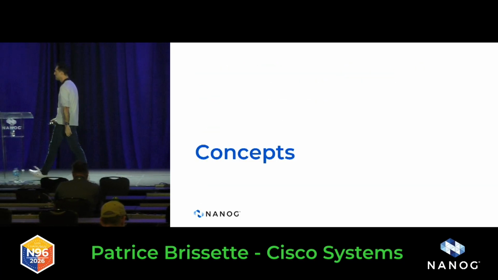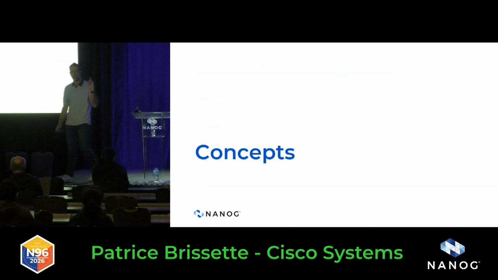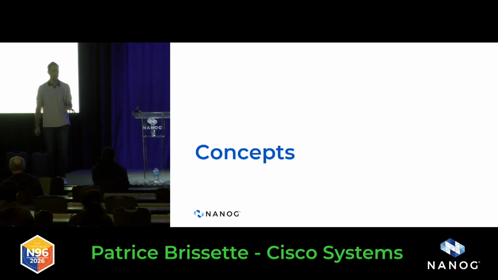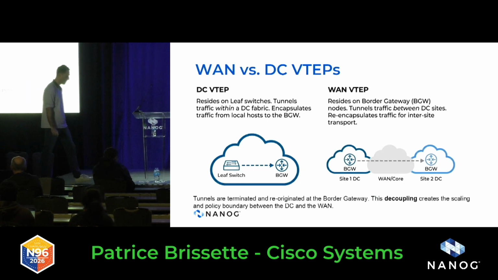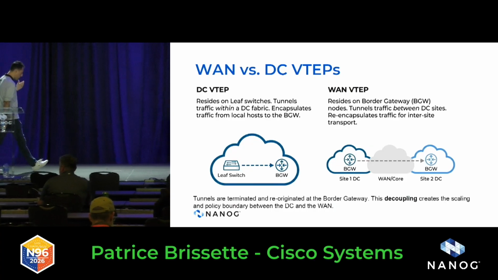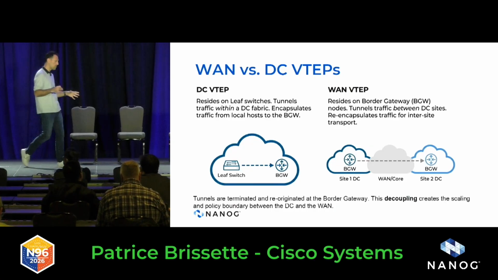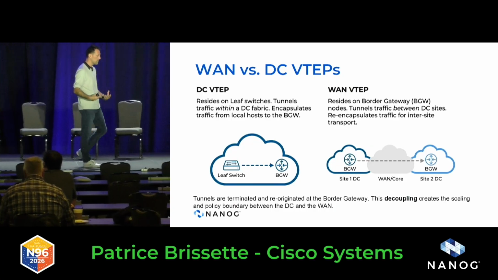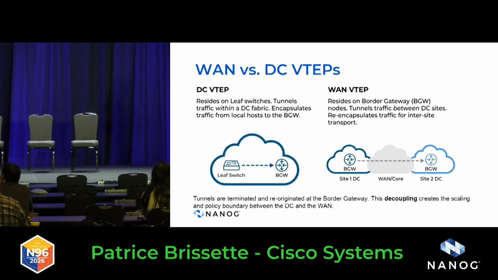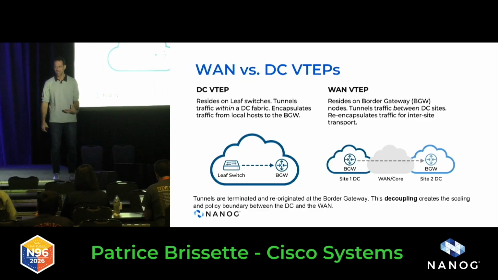So remember, we talked already about one concept, which is the domain. The domain is just how am I connecting data centers together. Now, I'm going to start using DC and WAN because it's easier to explain than domain A and domain B, because it's kind of difficult even for me to follow what I'm going to say.